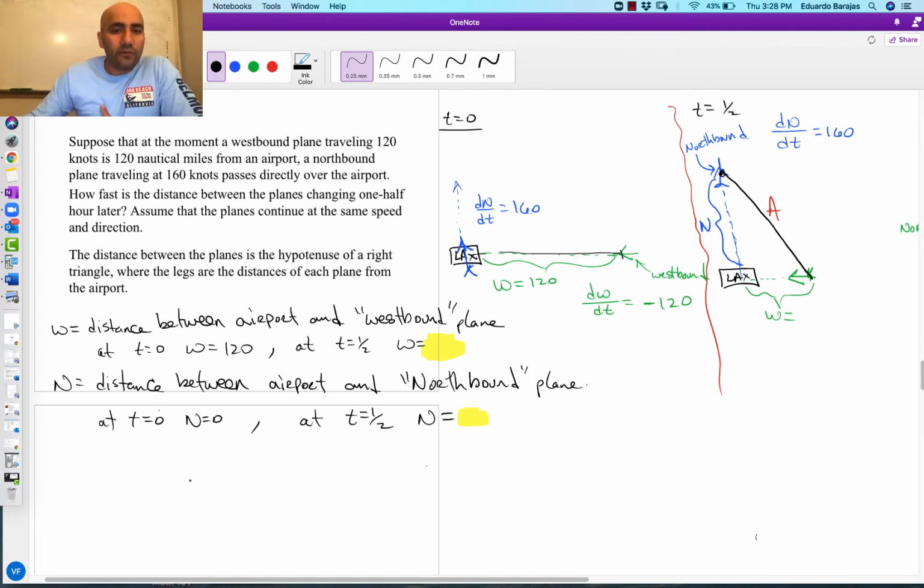We also have these derivatives running around. So we have dW/dt, which is the speed or the velocity of the westbound plane.